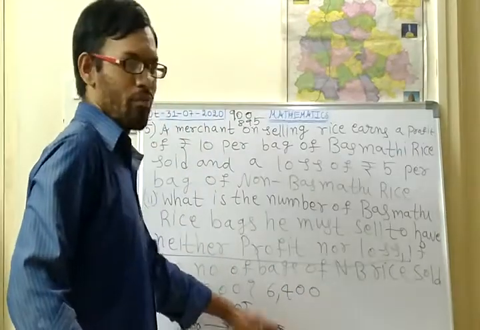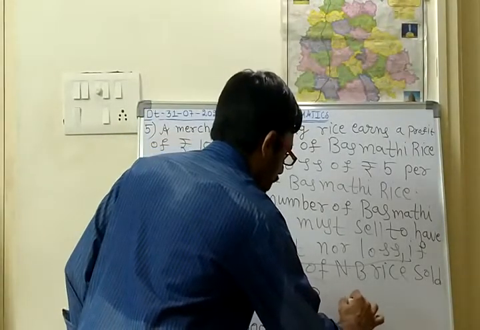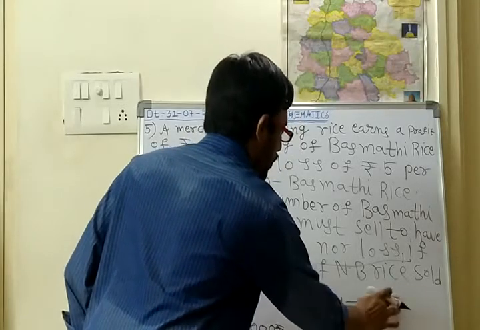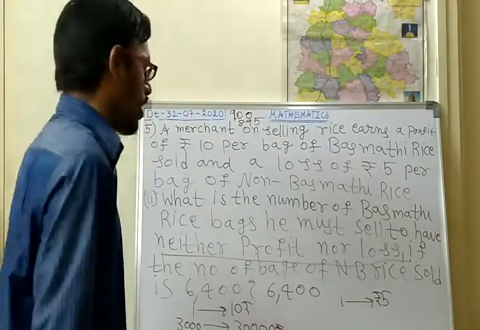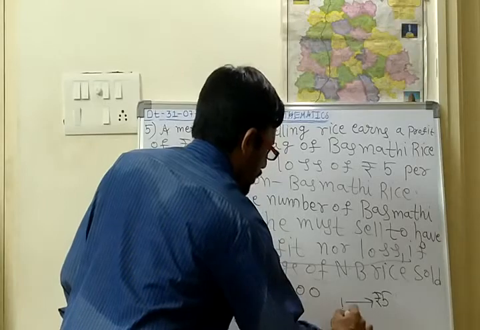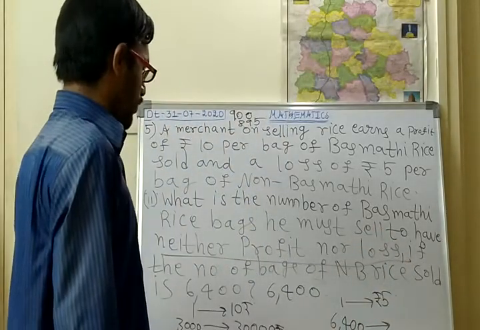So here, suppose for one bag there is a loss of 5 rupees. Suppose there are 6,400 bags.